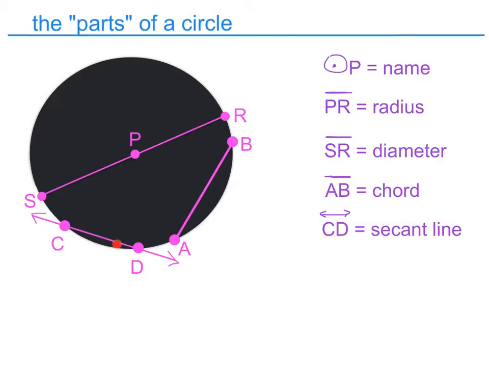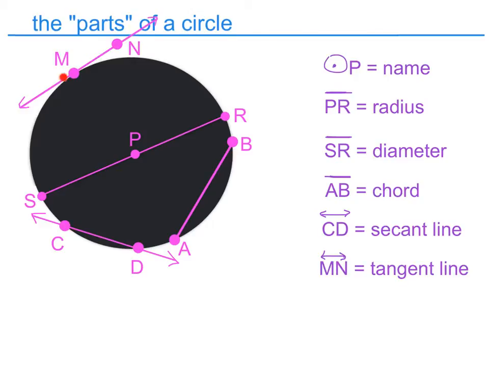If I take a chord and I extend it through, so now I have a line that passes through the circle in two distinct points, I can call that line a secant line. So one more time for clarification, if a line passes through the circle at two distinct points, it is called a secant line.